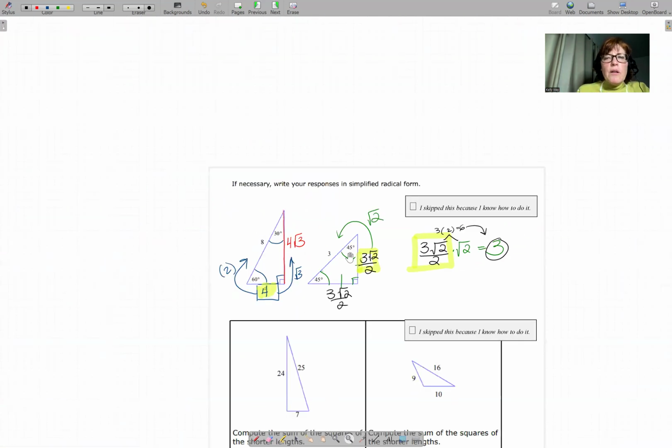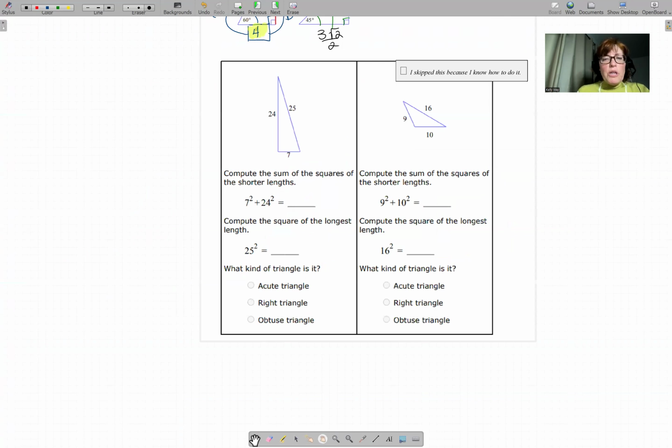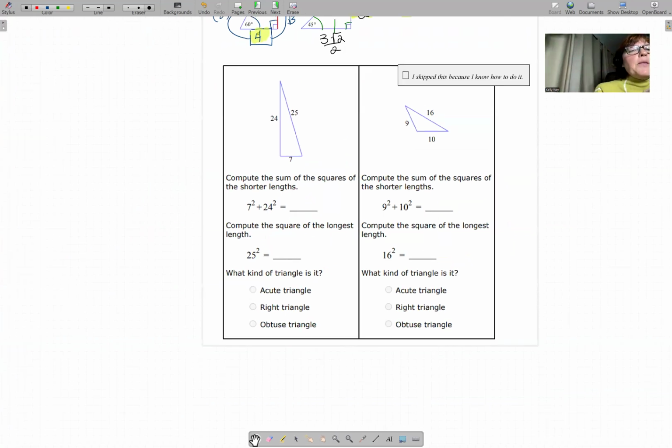All right. For this problem, what you need to remember is this: if the short side squared plus the medium side squared equals the longest side squared, then it is a right triangle.